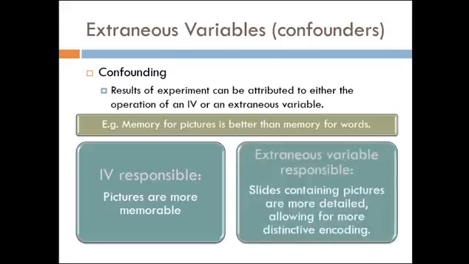But it's also possible that there's some extraneous variable, like for example, the fact that pictures have more details depicted on the slide leads to more distinctive encoding, and that if we were able to make the words and the pictures equally distinctive, including the same number of lines and things like that, we'd get equal performance in recall of the material. So it's possible the pictures are more memorable, but it's also possible that some extraneous variable is causing it to appear as though pictures are more memorable.